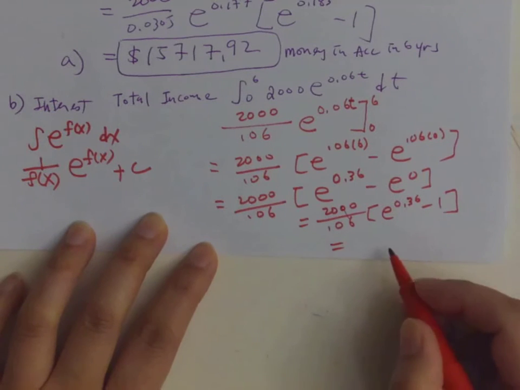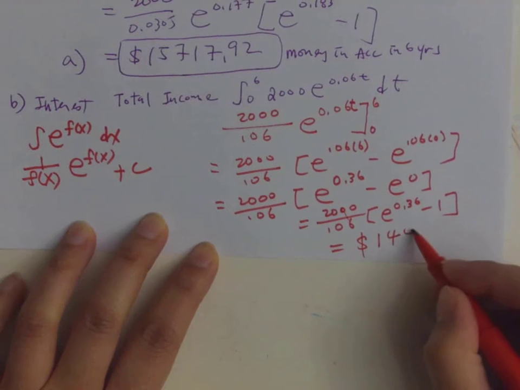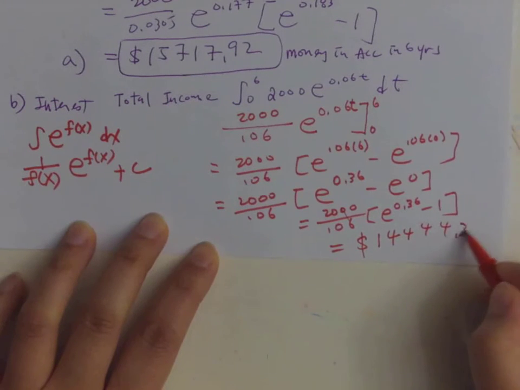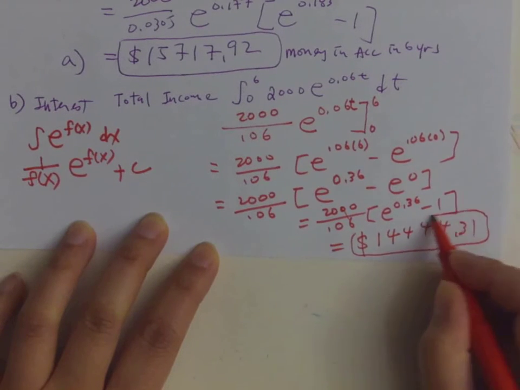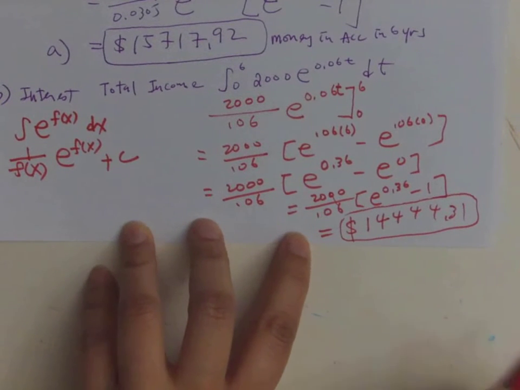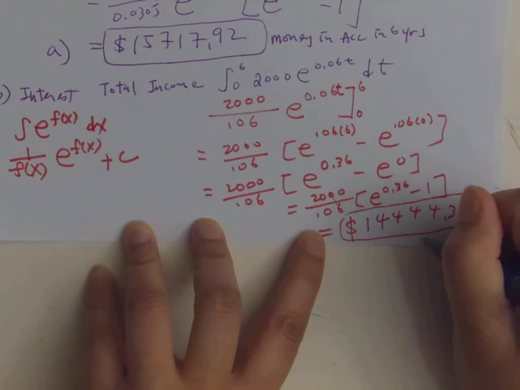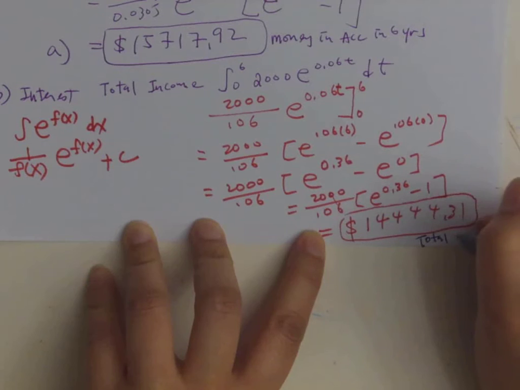And if you put it in the calculator, that should be 1444.31. So this is how much money you put into the account. Total income.